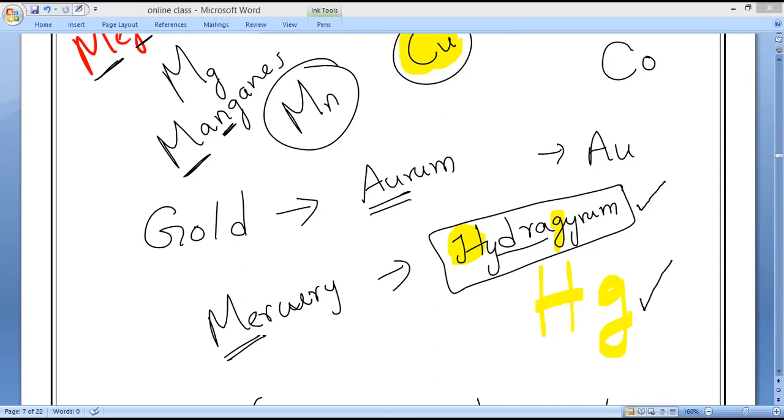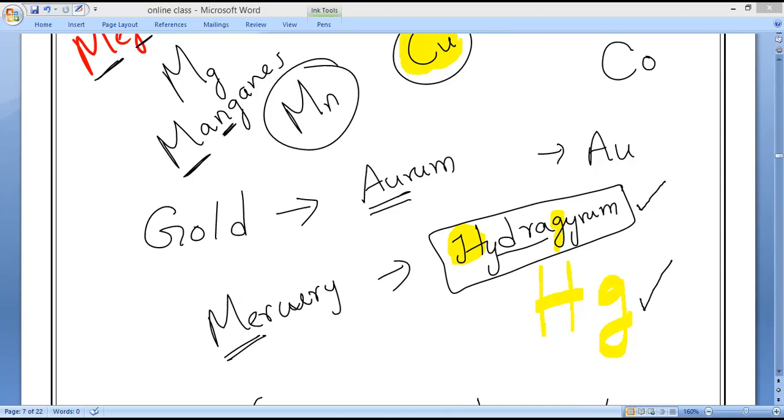That is why the symbol is very important, as it is used in representing the chemical formula and the chemical equation. Without knowing the symbol of an element, we cannot do anything in the further classes. So we have to be very careful when writing the symbols.